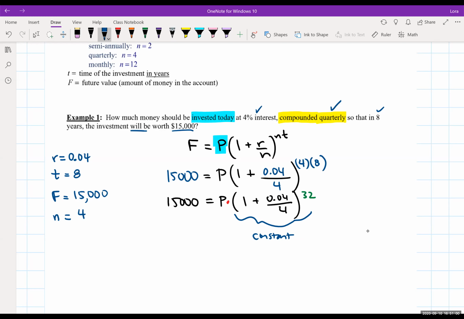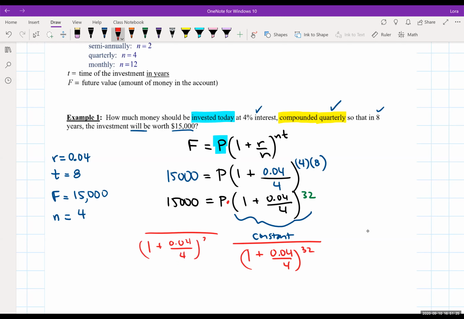Now we can type it into our calculator at the moment, or we can just say, hey, if we were solving for P, to undo multiplication, we're actually going to divide both sides by the constant, which is 1 plus 0.04 divided by 4 to the 32nd power.